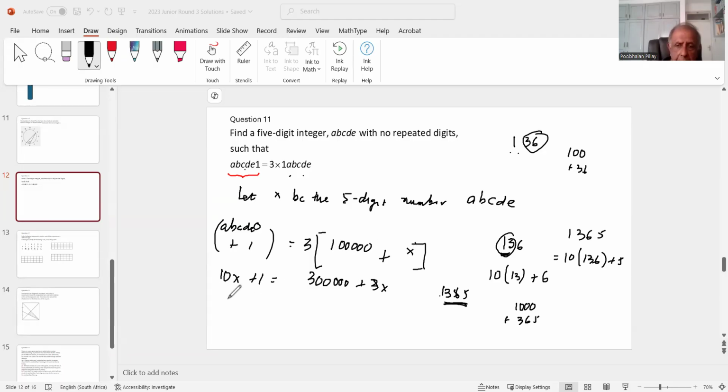Bring the x's to one side. 10x minus 3x is 7x. 300,000 subtract 1, you get 299,999. Right? And therefore, 7x is equal to this. So x is equal to, if you divide this by 7, you get an exact answer. It goes exactly. It's 142,857.